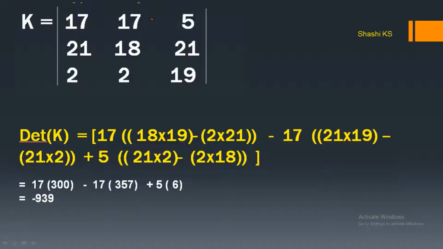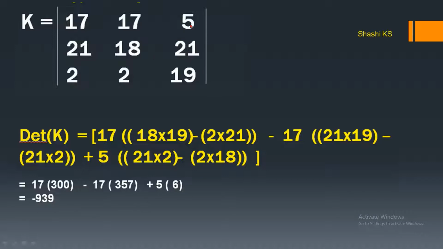So we delete this row and this column. After doing that, the corresponding elements are 21, 21, 2 and 19. So multiply 21 with 19 and subtract the product of 21 into 2. So you get 17 multiplied with 21 into 19 minus 21 into 2.